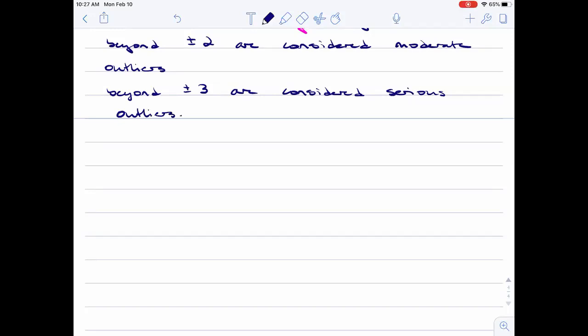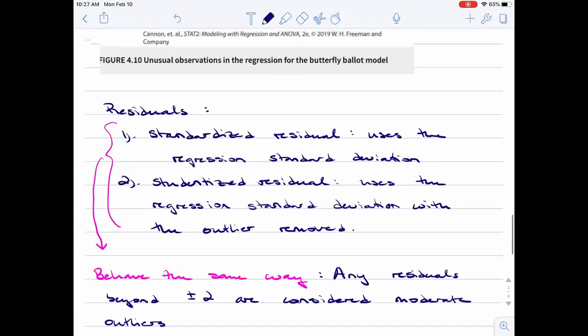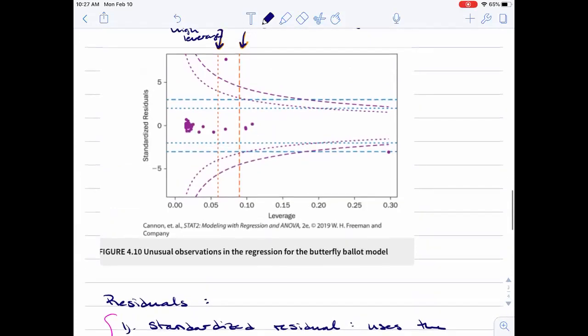Which translates to our plot, right? Because here's our residuals. If we're going from 0 to 5, right? 0, 1, 2, 3, 4, 5. Pretty reasonable. And so we've just put lines at -2, +2, -3, +3. And so now we've got these borders, and now we can look to see, okay, well, I've got this point over here.